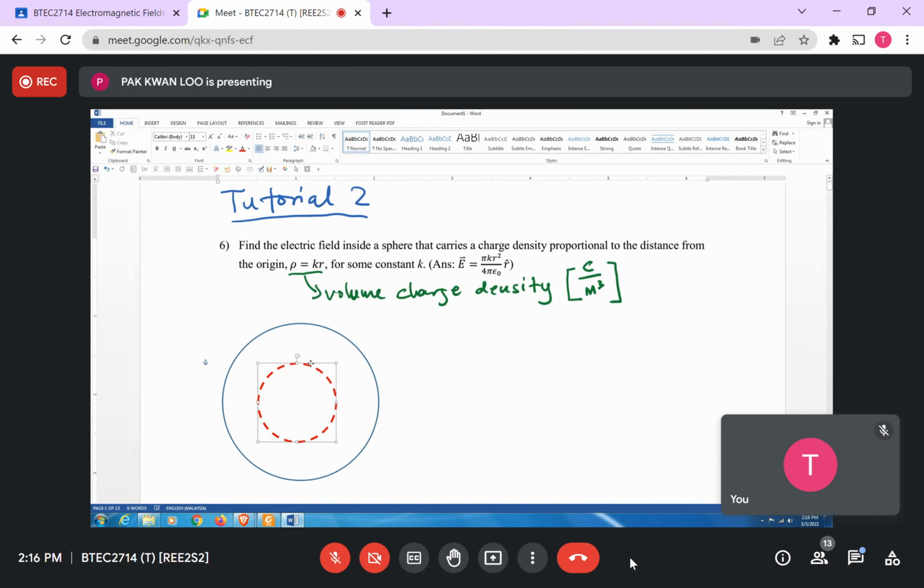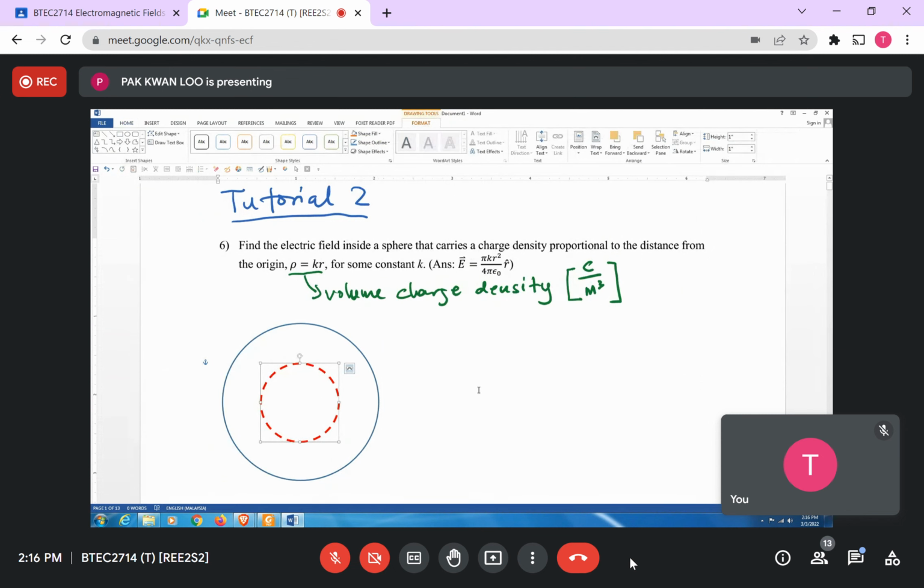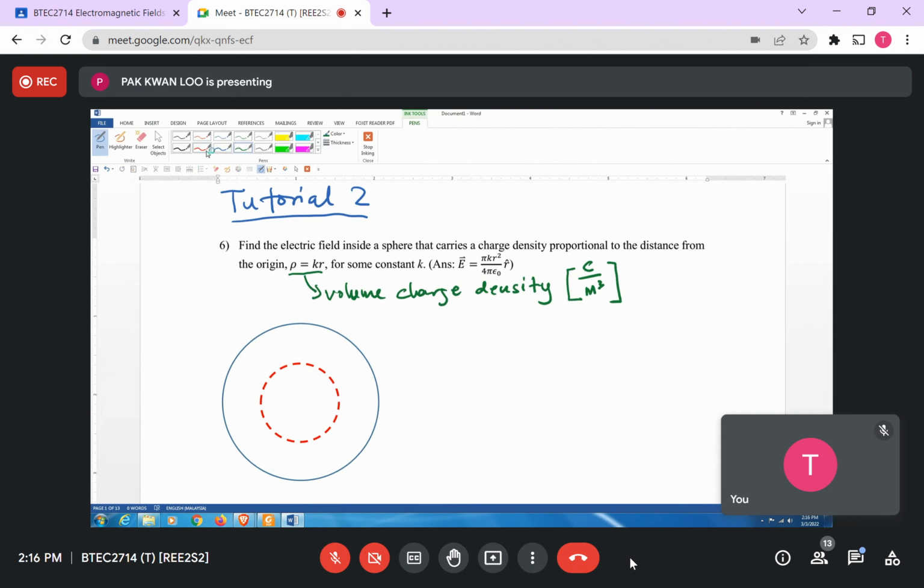So let's assume that this is the sphere that carries a charge density rho equals kr, where r is the radius.